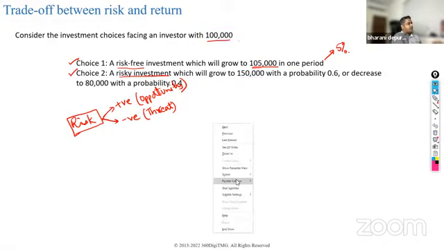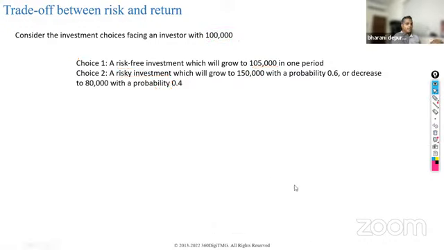So whenever there's an investment, two things. Either you will invest in a risk-free investment or you might invest in a risky investment. If it is a risky investment, either you will get some money or you lose some money.